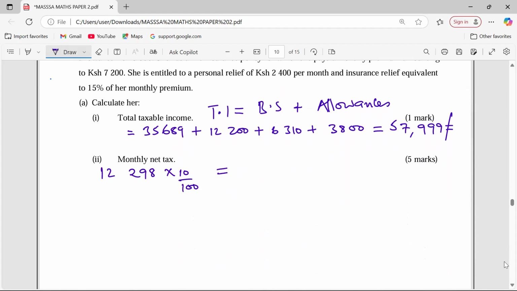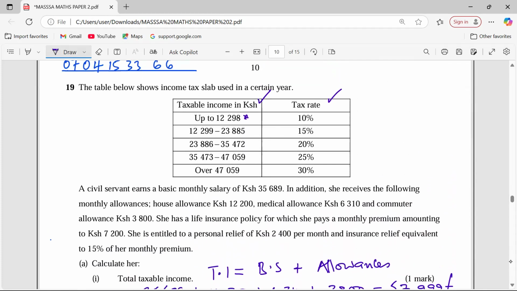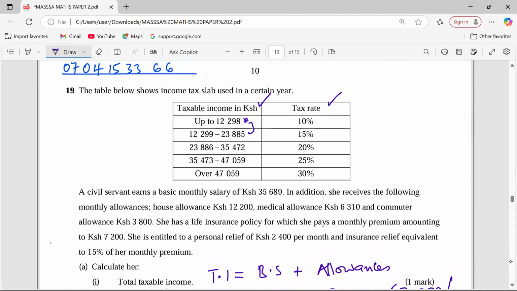The tax obtained here shall be 1229.80 Kenya shillings.